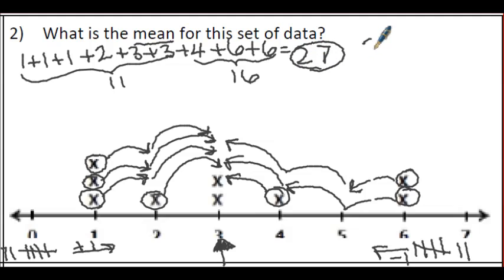So 27 is my sum, and dividing that by the 1, 2, 3, 4, 5, 6, 7, 8, 9 total data points, I see that 27 divided by 9 ends up being 3. So I ended up in my picture having 9 3s, then my balance point or my mean is 3.